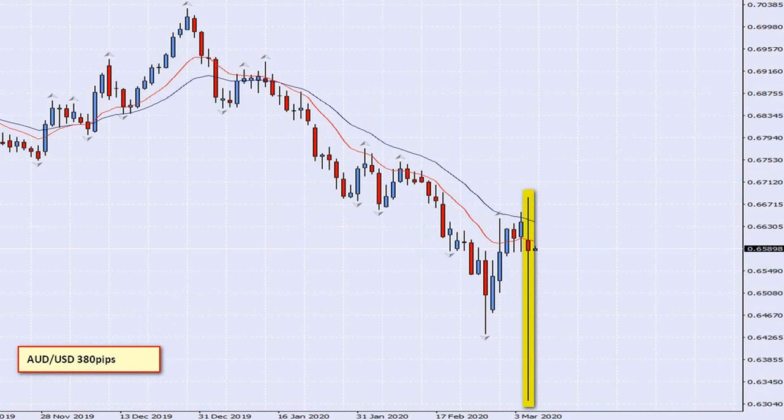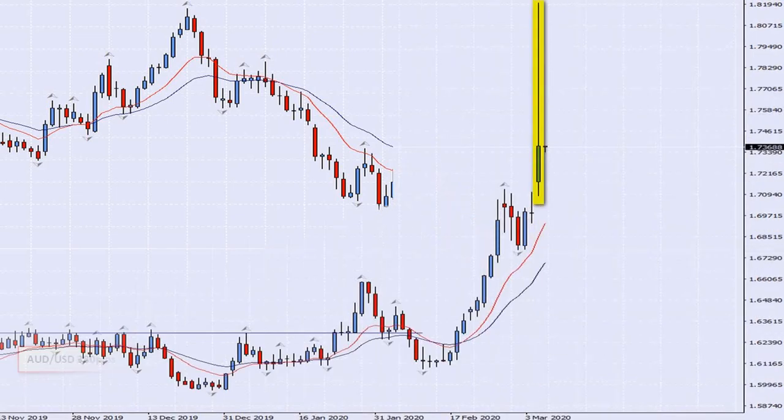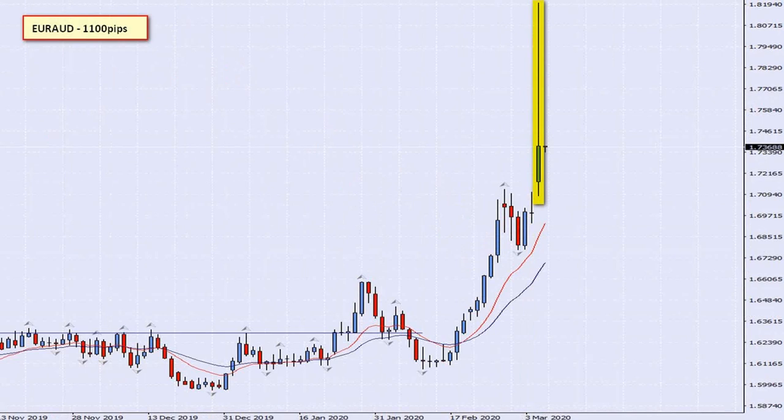This was the Aussie US dollar yesterday. These are daily charts, by the way, and you can see we had a 380 pip swing on the Aussie US dollar, and most of that took place within a 5 to 15 minute period when the volatility really exploded. If you look at this one, this is the Euro Aussie. This is a 1,100 pip movement, and it happened in the space of about 15 minutes.